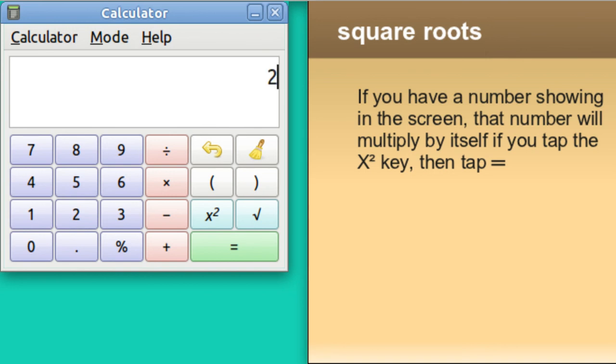Let's put 2 up there. Now I'm going to tap this. See how it's squared? Now I'm going to hit equals. 2 times 2 is 4. Let's just go 4 squared. 4 times 4 is 16.